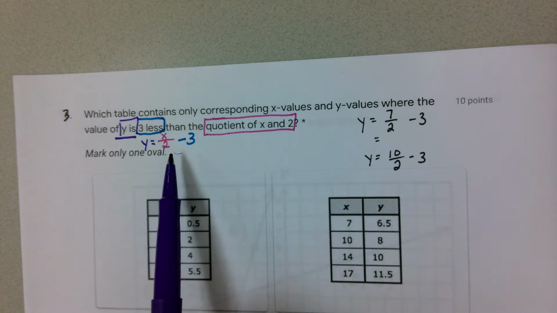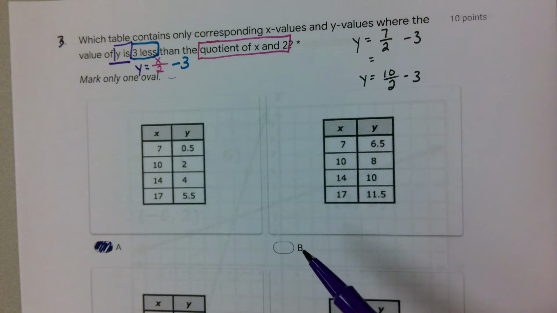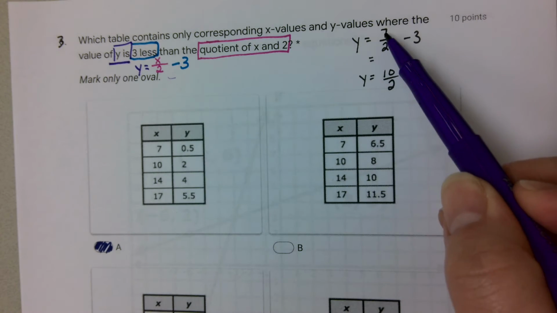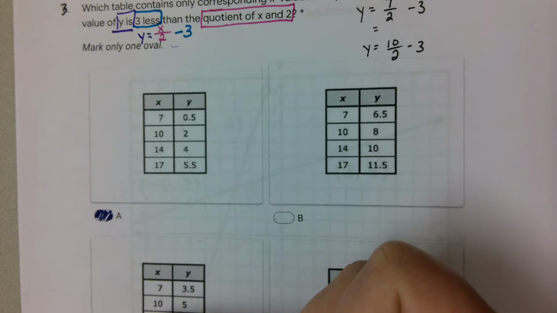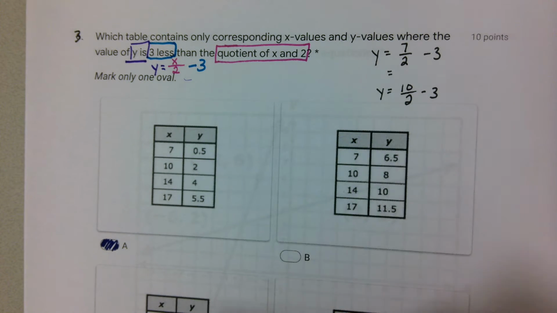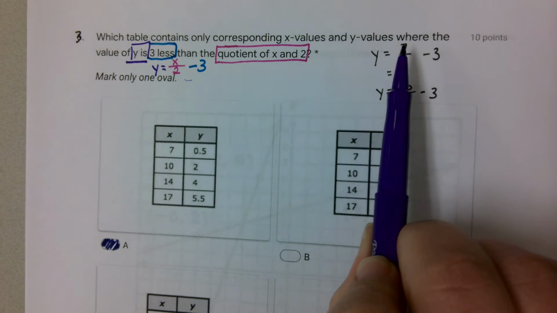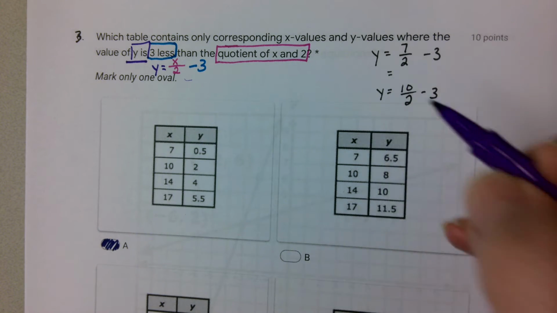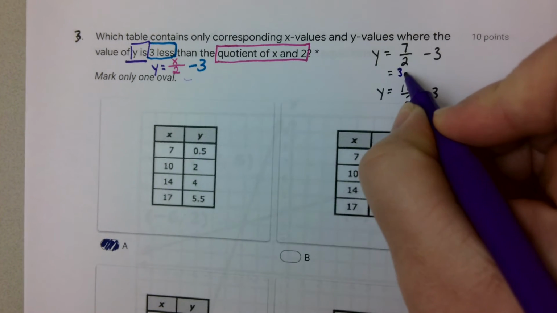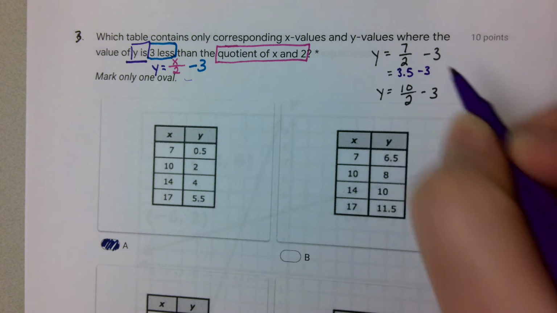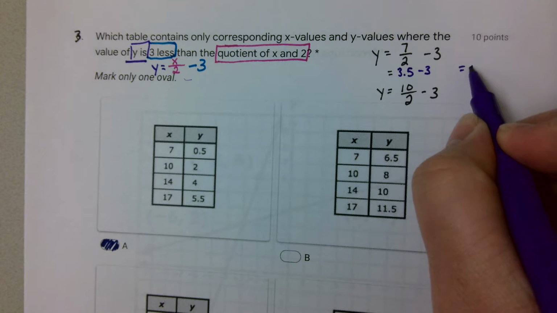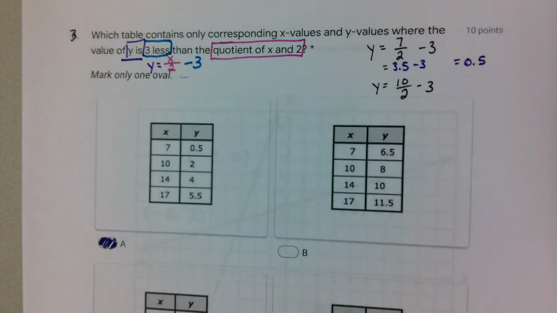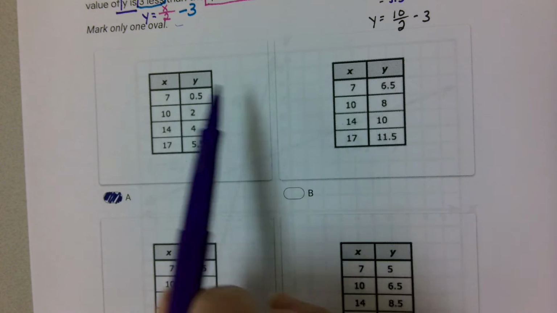Once I have my equation, I just need to substitute my values for x into the equation to determine which of these tables is correct. So they all have the same x values. So I started with 7, and 7 divided by 2 is 3.5 minus 3. Well, 3.5 minus 3 gives me just 0.5. And there's only one of them that has that.